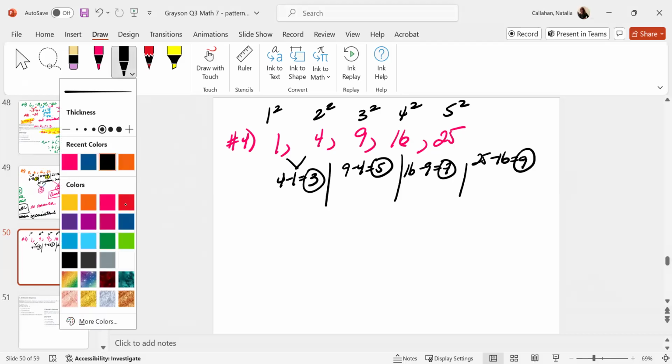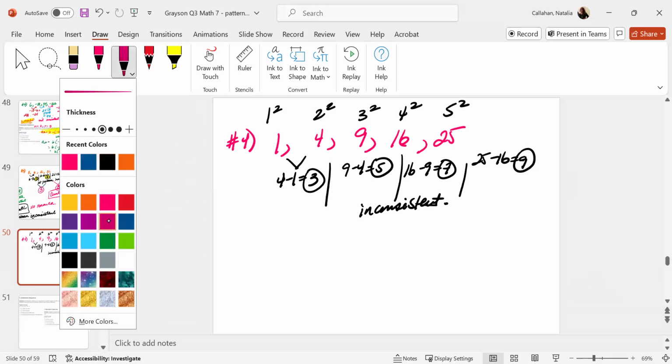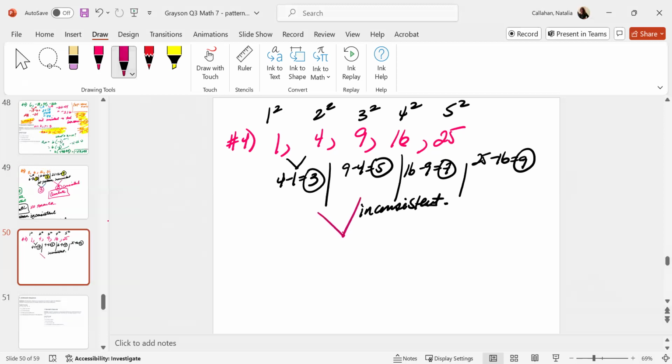So these are inconsistent, right? So you know it's not linear, and you also know that it's not exponential, because exponential is if you're multiplying and dividing, but they are the same numbers, right? But let's try to see the second pattern. The difference here is a 2. Between 5 and 7, the difference is a 2. 7 and 9, the difference is a 2, right?